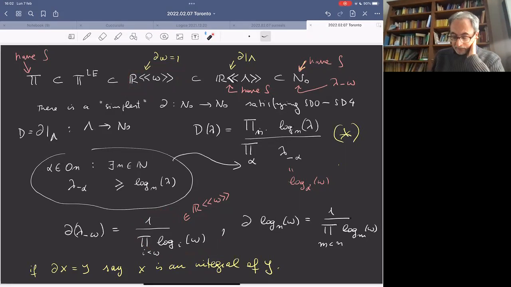So if you had another object here serving as an integral, it's easy to deduce that lambda minus omega will differ from it by a real number, but the real numbers are included everywhere, so lambda minus omega would itself be in the bracket of omega, which it is not.